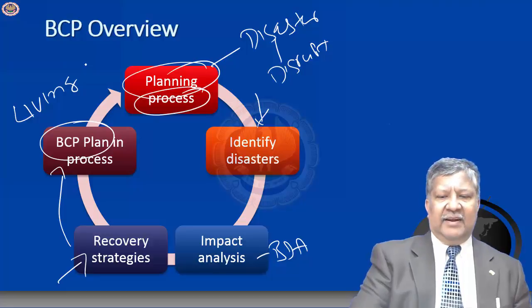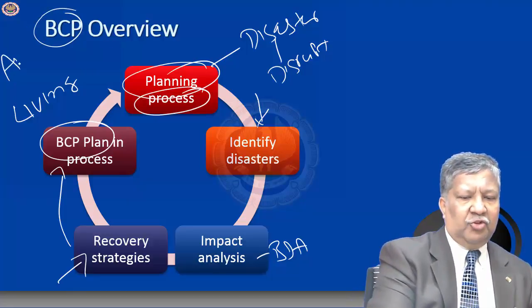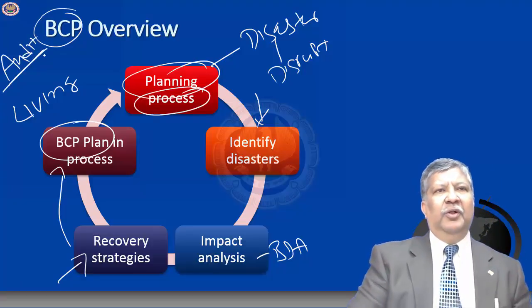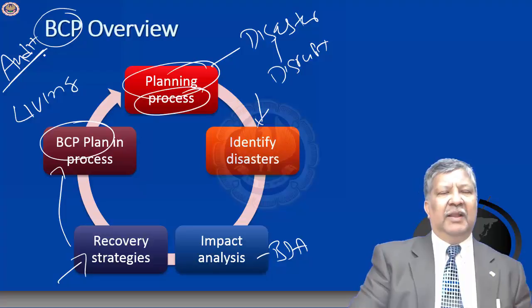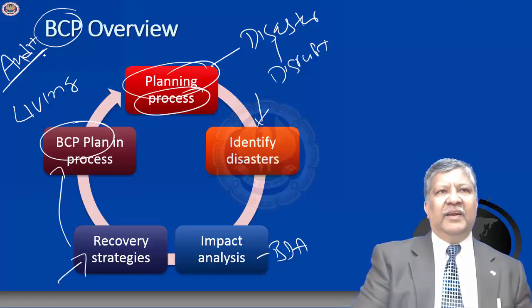Now, in this context, let's understand the role of the audit. The role of the auditor is to review, depending on the objectives and scope which have been set, the specific aspects of the business continuity plan, and to verify and validate whether the business continuity plan is working as envisaged. Now, with this background, let's go into detail and look at the detailed steps to be followed for auditing the business continuity plan.